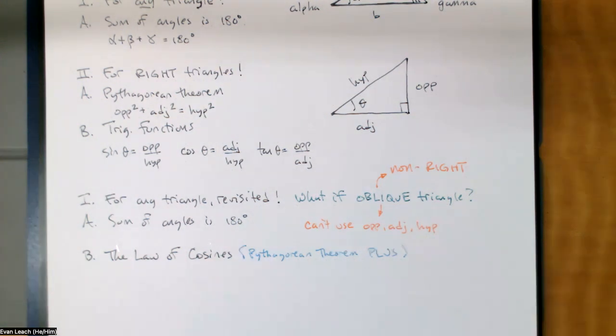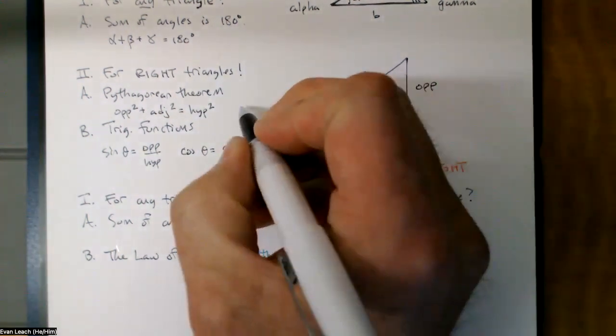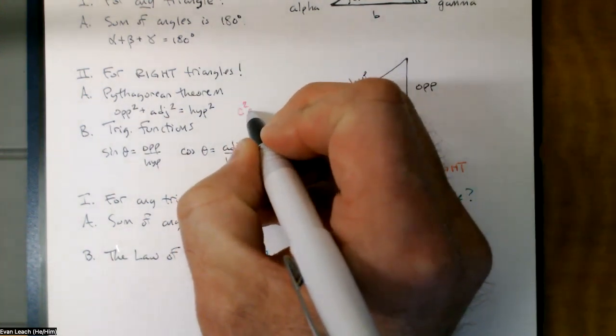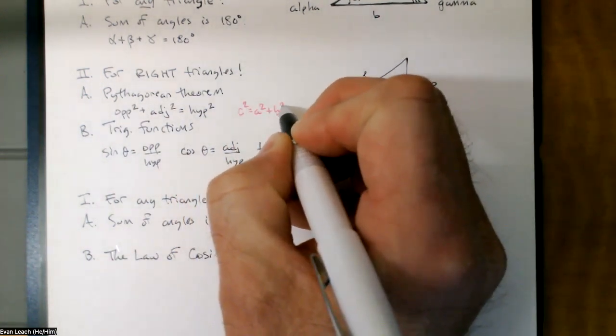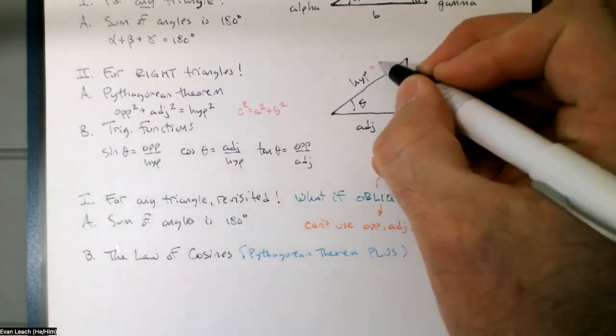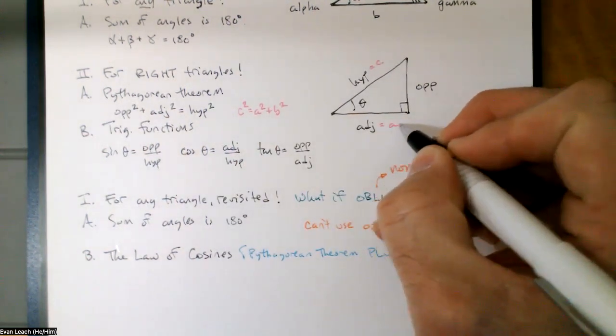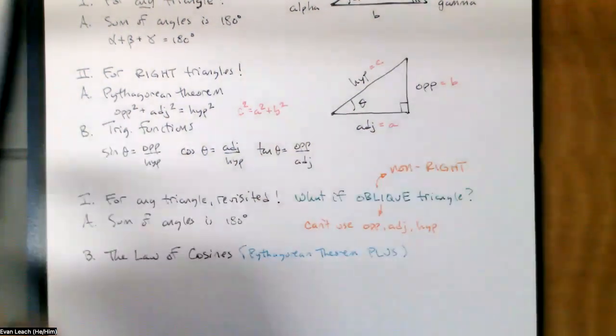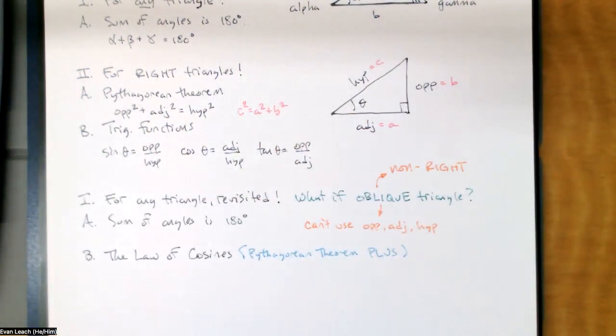Now, the Pythagorean theorem, a lot of times we think of that as a squared plus b squared equals c squared. If we have a hypotenuse is c and adjacent is a and opposite is b, or the other way around. We think of the Pythagorean theorem as c squared is equal to a squared plus b squared.